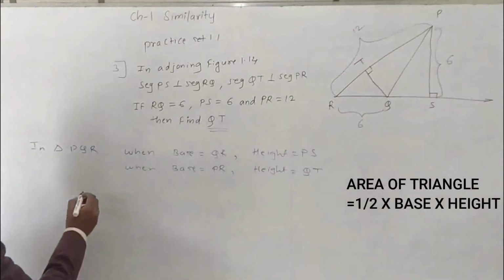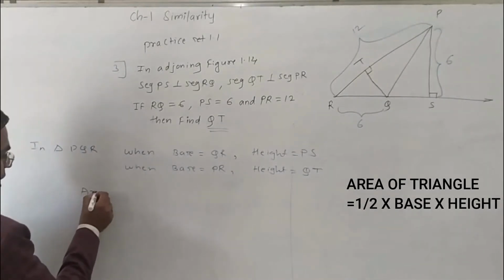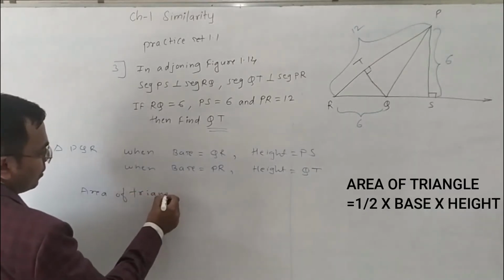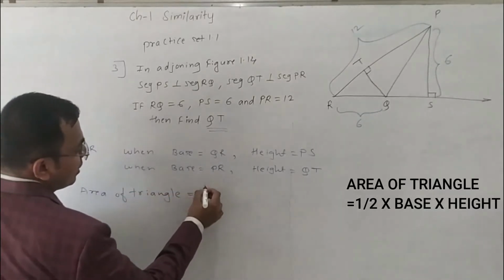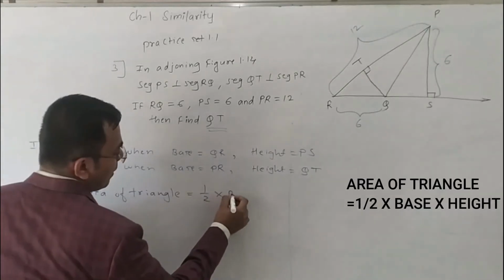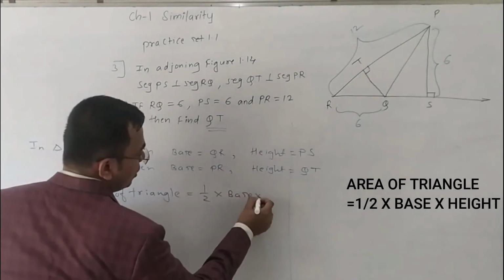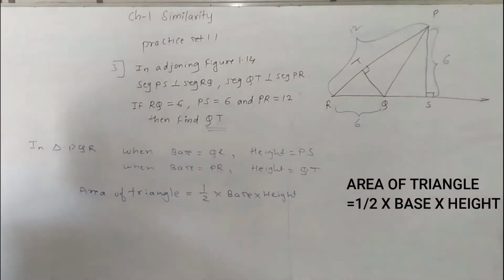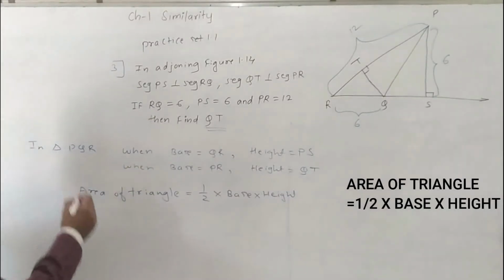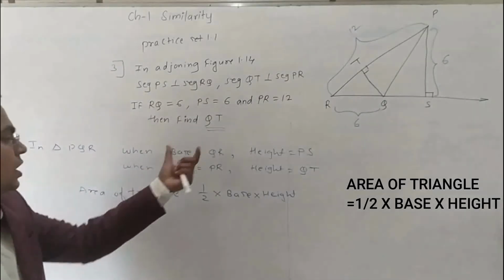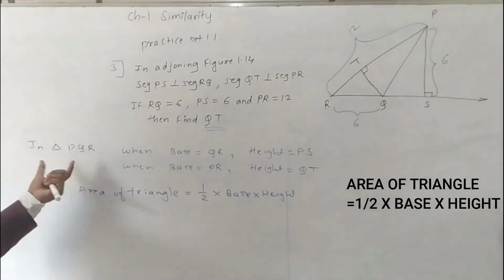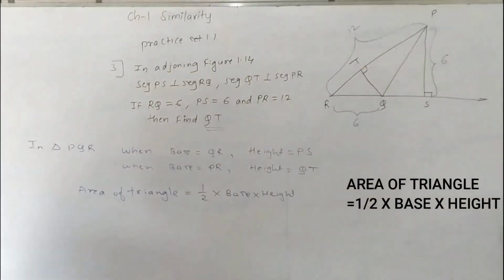So what do we have? Area of triangle. What is the formula of area of triangle? Half into base into height. We have to find the area of triangle PQR, and through that we can find segment QT.